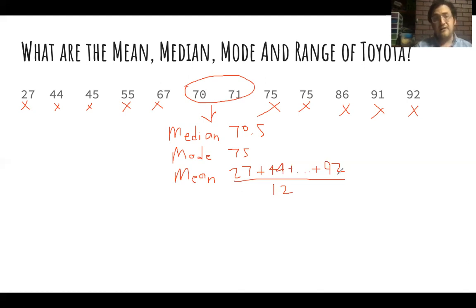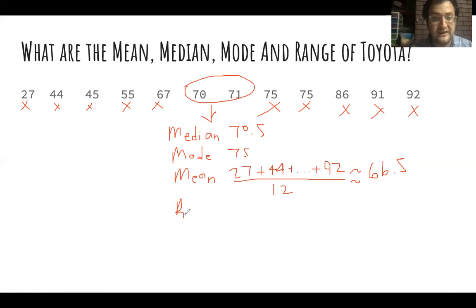And the mean is going to be about 66.5. So if we looked at Chevy being about 39 and Toyota being about 66.5, the Toyota on average is more reliable than a Chevy.